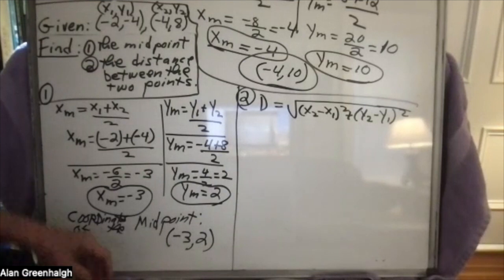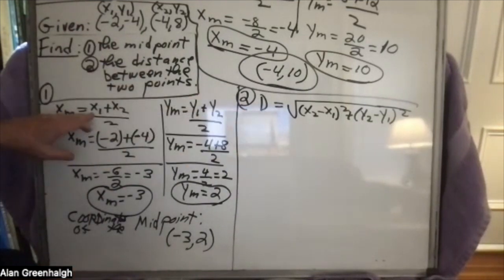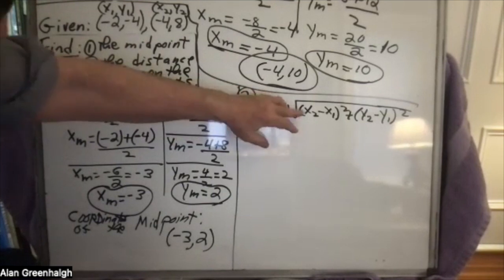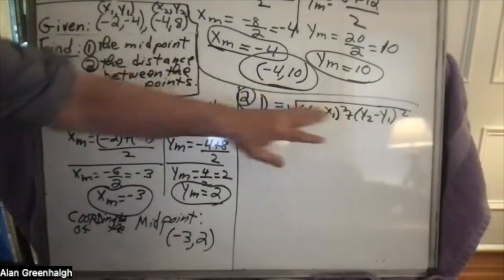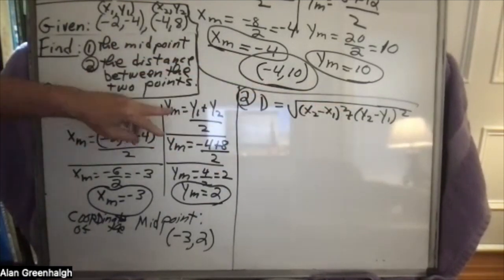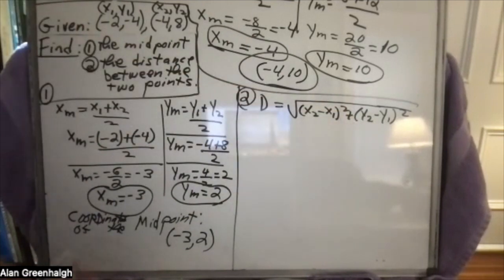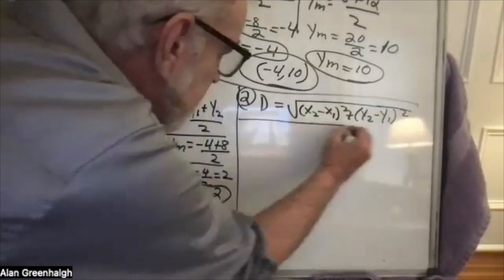Notice the difference between the midpoint formula and the distance formula. This is x1 plus x2 divided by 2, right? And this is x2 minus x1 squared. This is adding the y's. Here, you're subtracting the y's. So a lot of students make that mistake.